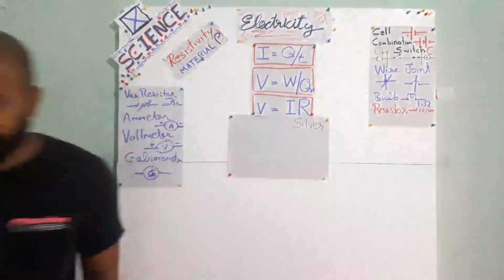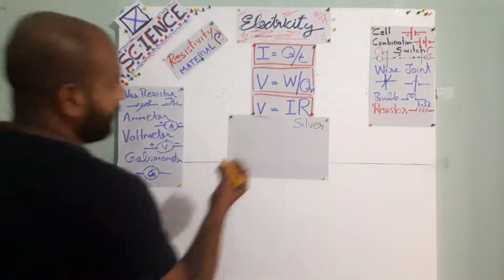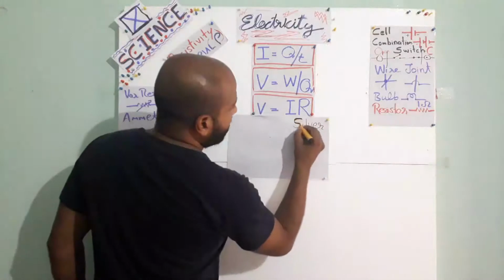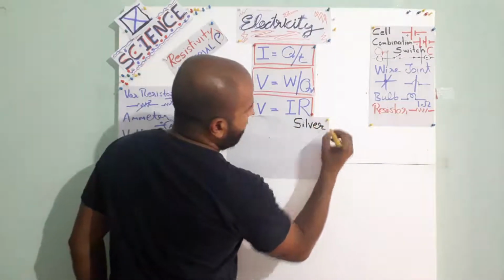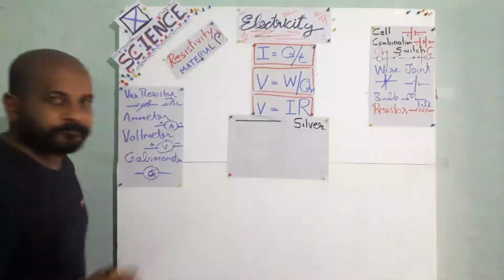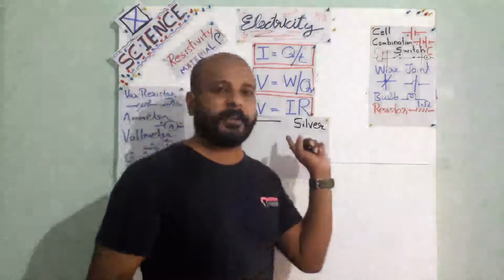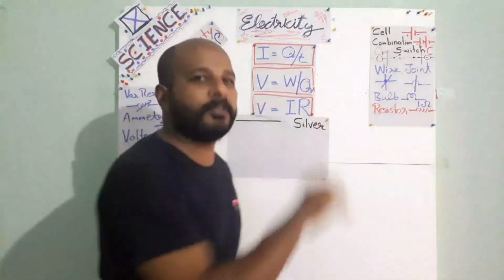Can you see that? I wrote it small. Okay, fine, you can see that. This is the wire I have. It does not look like silver wire, it is black. Just imagine that it's a very old silver wire.